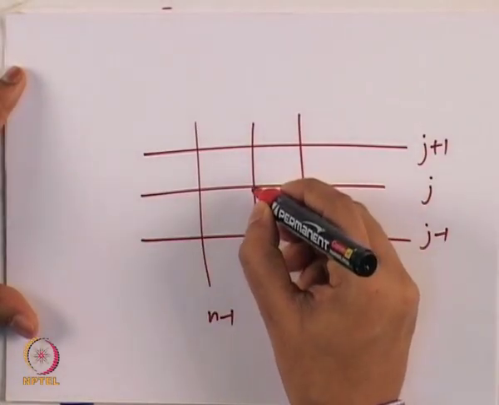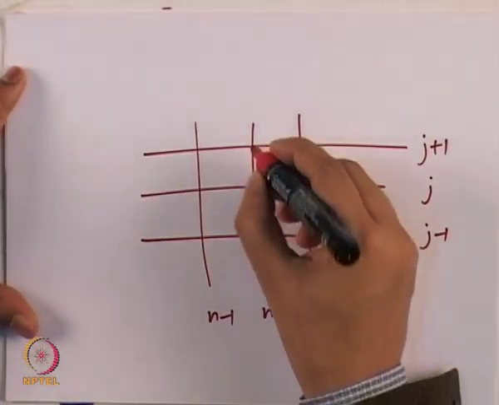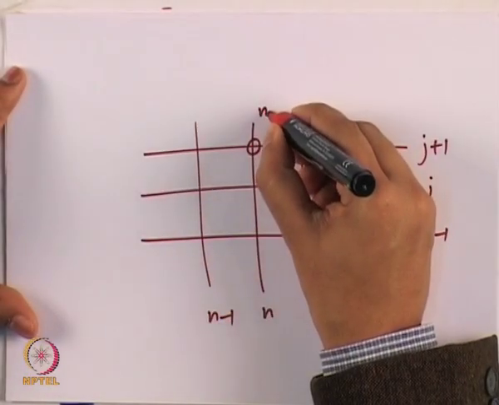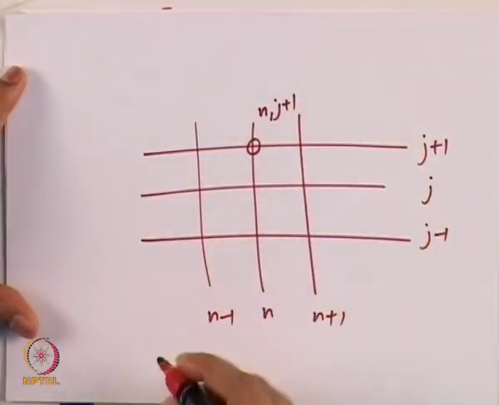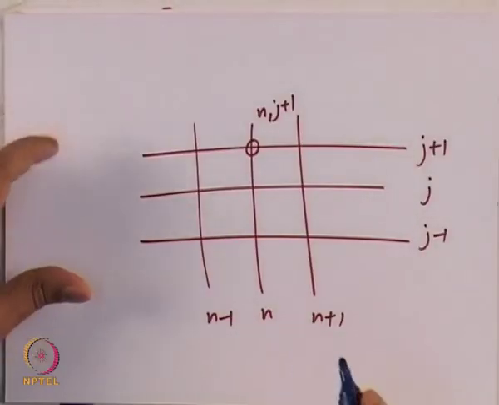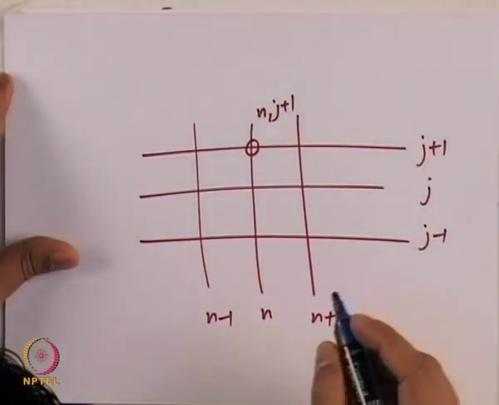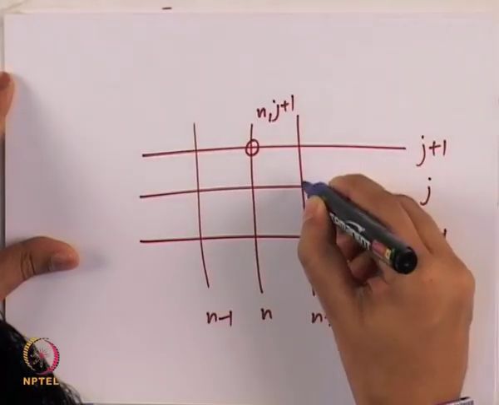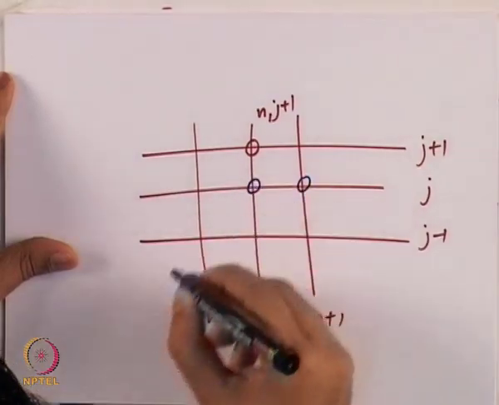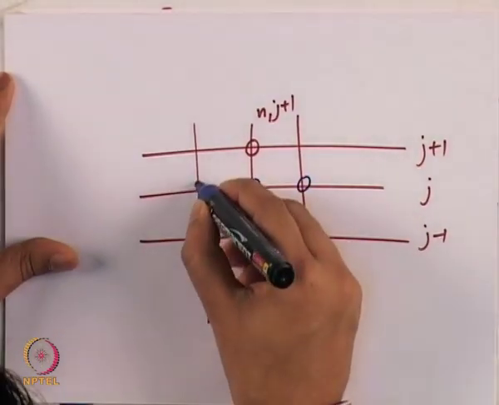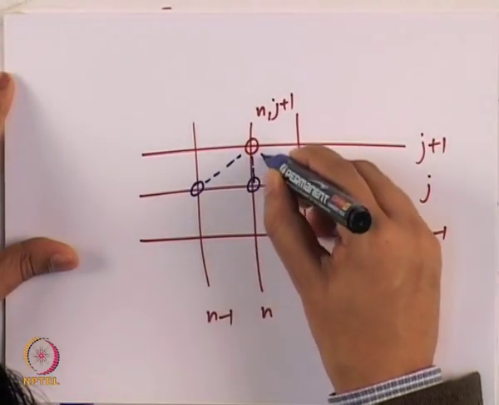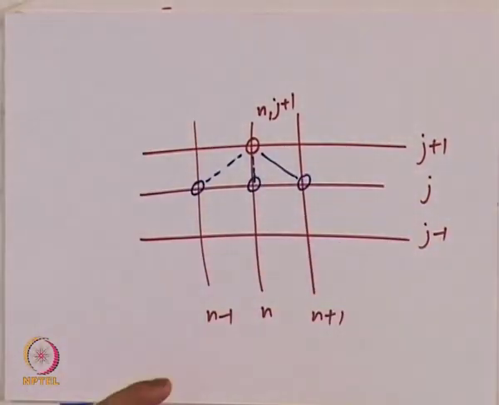So we are interested in computing the value at this point, which is going to be n comma j plus 1, and we are going to use the values that are in n plus 1 comma j, n comma j, and n minus 1 comma j. So these are all going to contribute to the value of the solution that we are going to compute here.